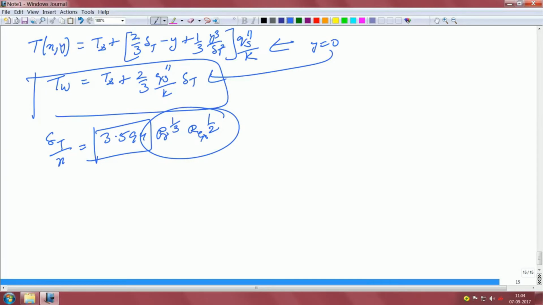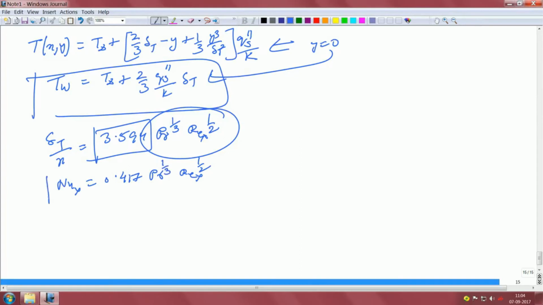So, that means when you invert it, you are going to get a different expression, a lower expression for your Nusselt number. Based on this, your Nusselt number, if you do it properly, is going to be 0.417, that is a higher value, times Reynolds number to the power of half.